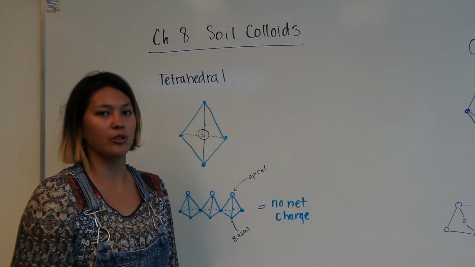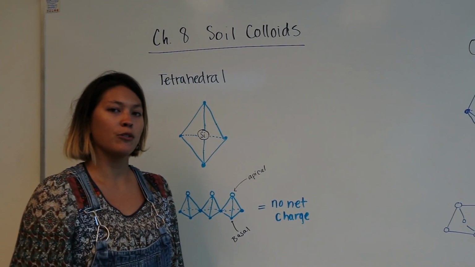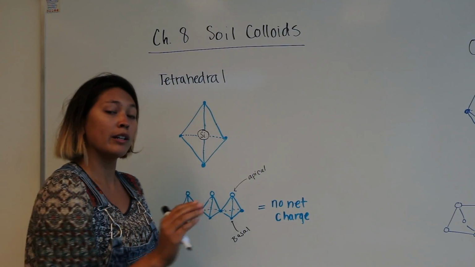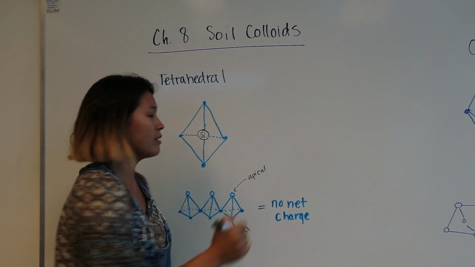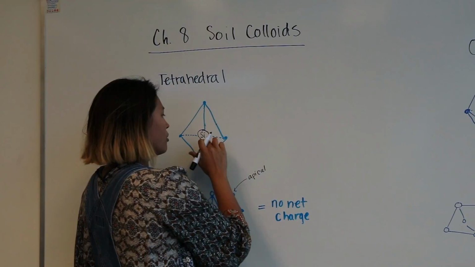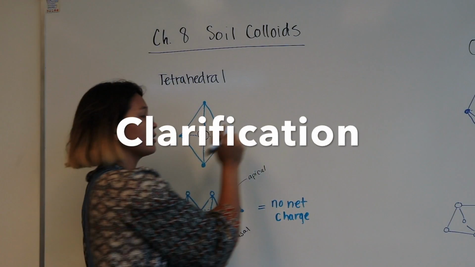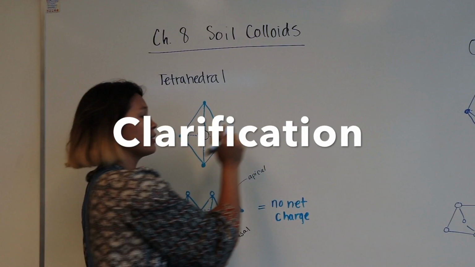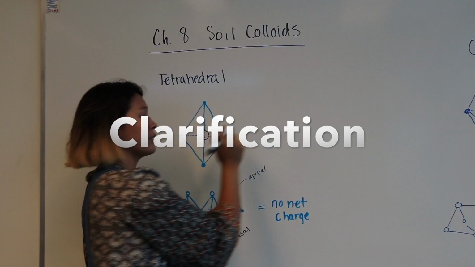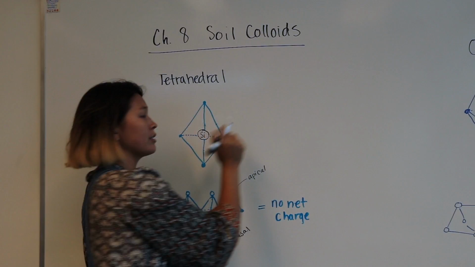Something to note is isomorphic substitution. Isomorphic substitution happens when an element of similar radius size bumps out your original element. Just for clarification, when we say bump out, we don't mean that the element is exchangeable, but rather that when the mineral is forming, a different element of similar radius size is fixed into the structure.